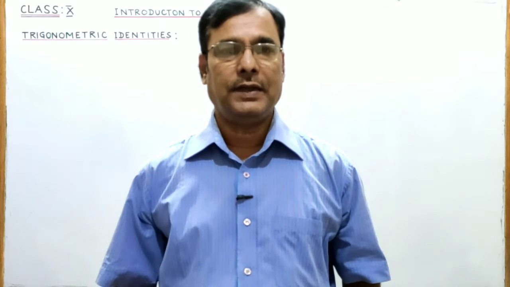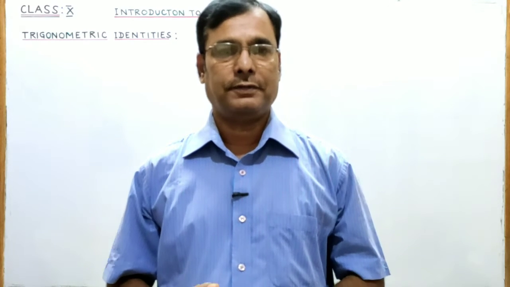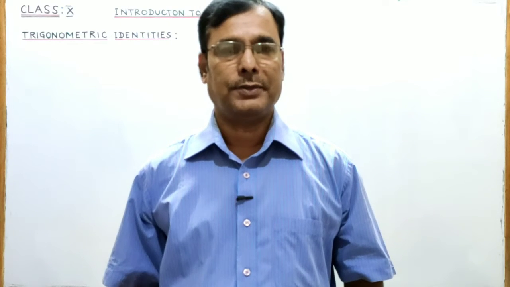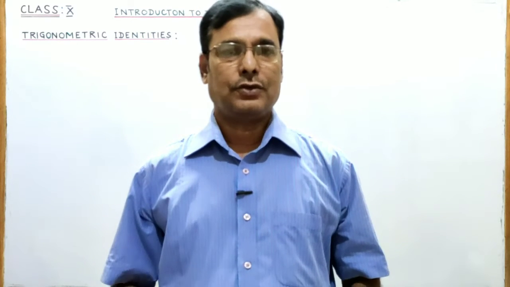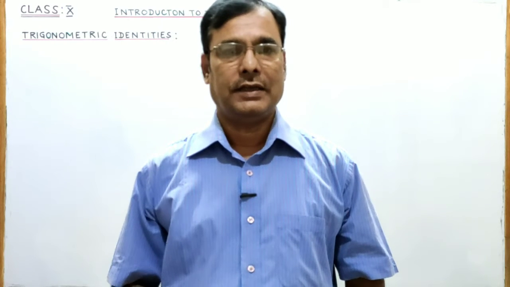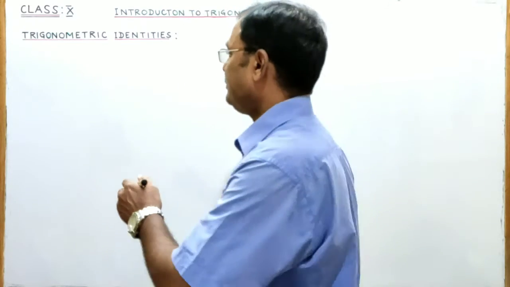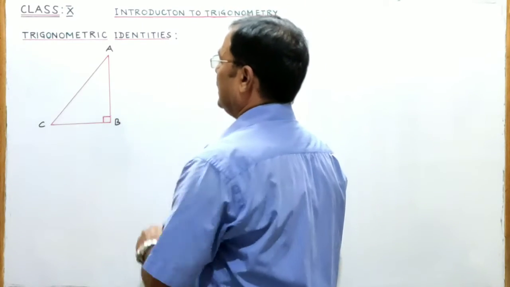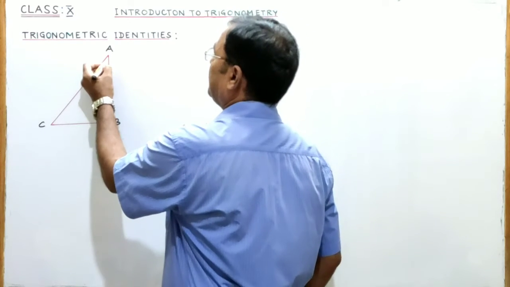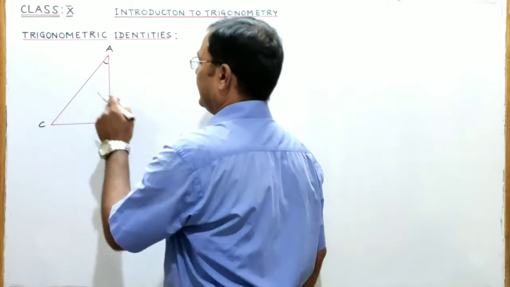In this section we will prove one trigonometric identity and use it further to prove some other important and useful trigonometric identities. So let's start and consider a right triangle ABC right angled at B as shown in this figure. In this right triangle ABC right angled at B, angle A and angle C both are acute angles.